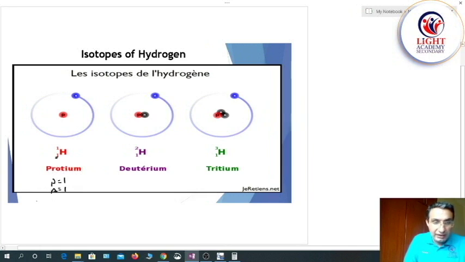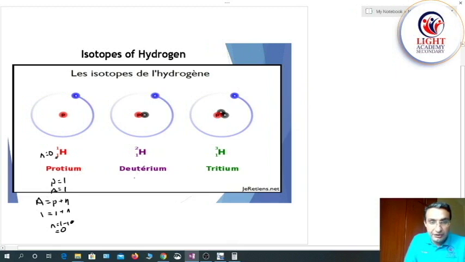When I calculate the number of neutrons, A is equal to P plus N. A is 1, P is 1, so N is 1 minus 1, which is 0. So the number of neutrons is 0.